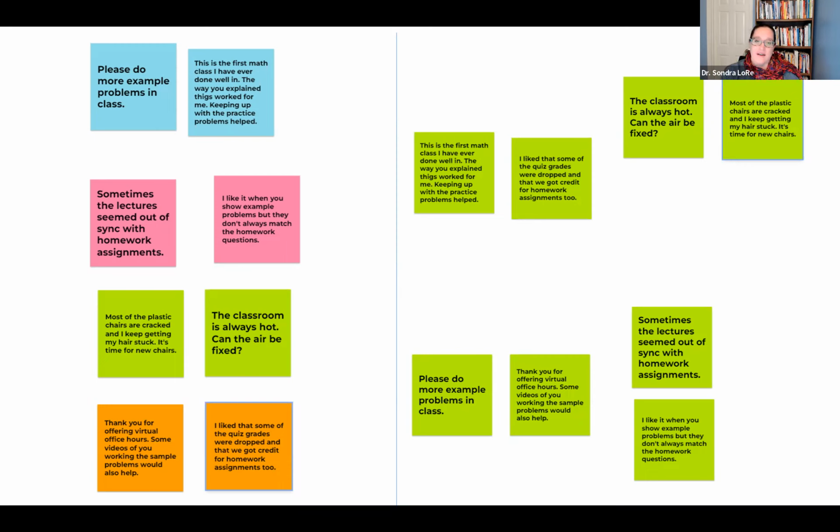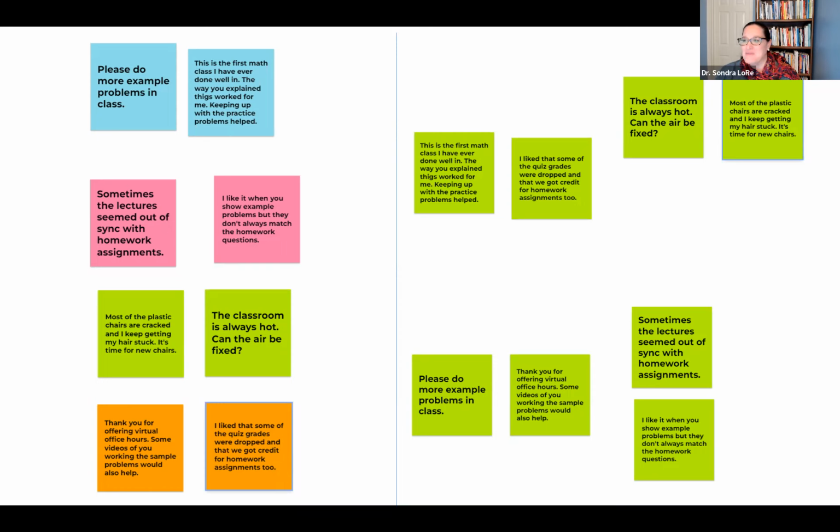So on one side of the screen there, you'll see one group's gathering of their data. They categorized it by environment, homework, things they'd like to do differently, things they should continue doing. And the group on the right, even though their categories are a little bit different, had similar things that they found out, things that they would want to keep doing to support students, things that they could change.